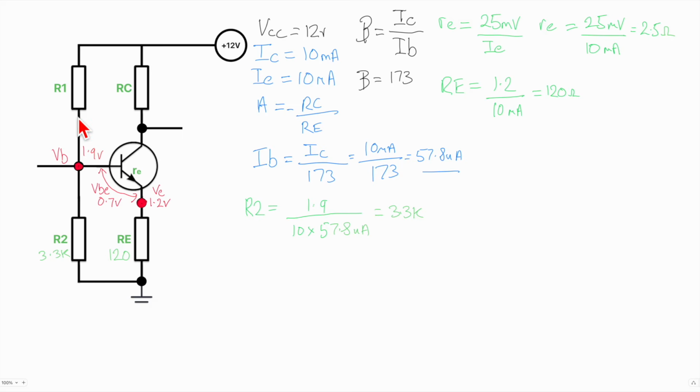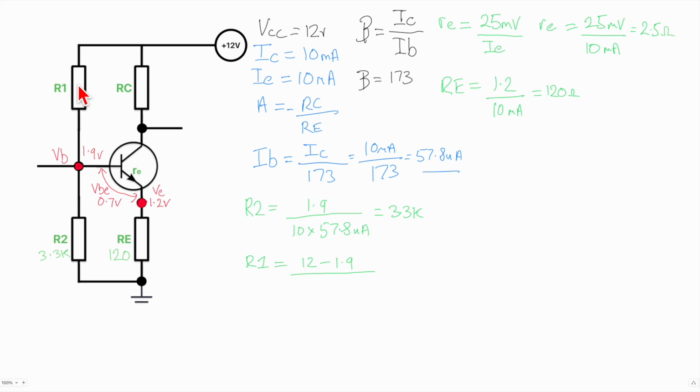Fine. What about R1? Well, we need to look at the voltage. The voltage will be VCC, the 12 volts, minus the 1.9 volts that we've got there, and that will be divided by 11 times the base current. Remember I said if we've got 10 times the base current going here, we've got 10 times the base current here, but we've actually got the base current as well.